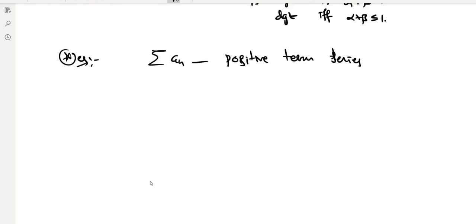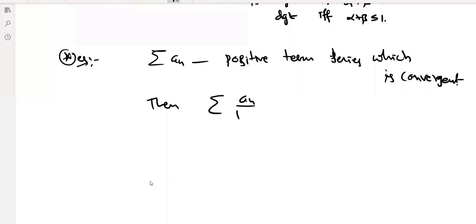In fact, this is convergent. Then summation an by 1 plus an is also convergent. By which test? Limit comparison test. Of course, this can be done by many proofs. So you can use the limit comparison test, it is your choice.